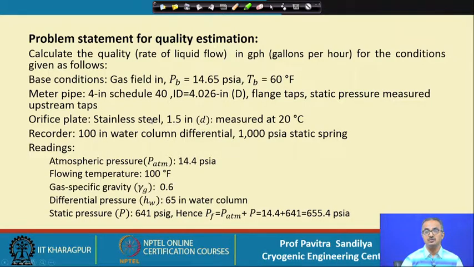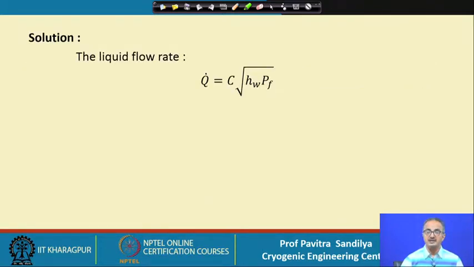Please note that these field conditions are the same as we used in the earlier solution for finding the flow rate of natural gas through the orifice meter. So, we have taken the same values here, and we do many unit conversions, and we get this expression for the liquid flow rate.